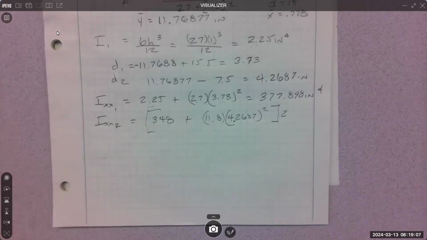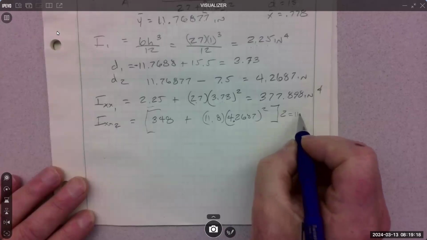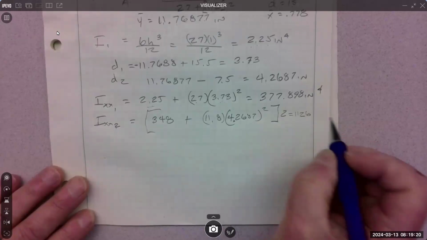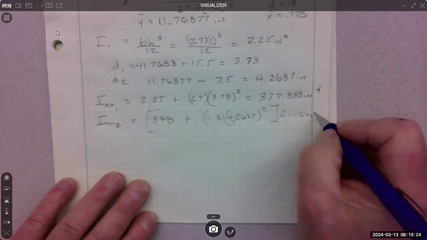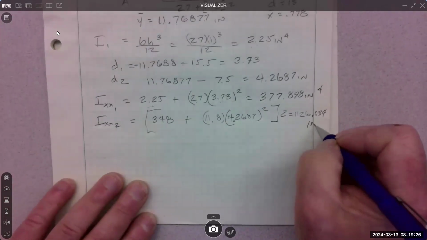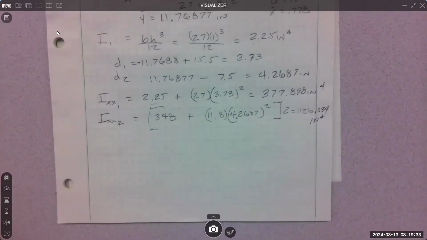For one of them, I get 563. Multiplied by 2, I get 1126. Is that a good number? Yeah.